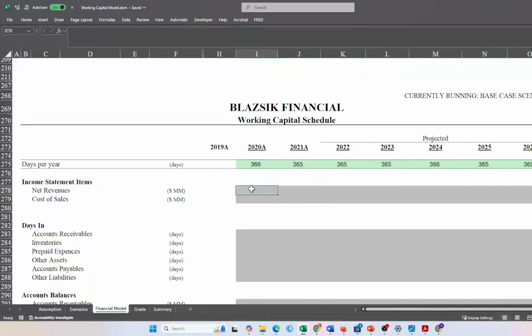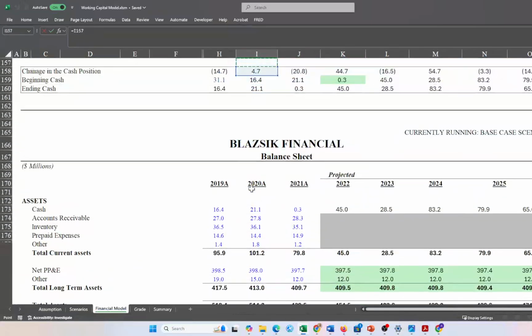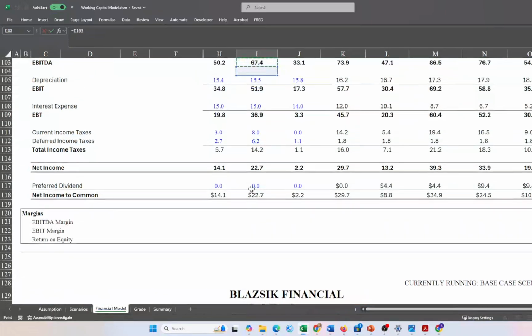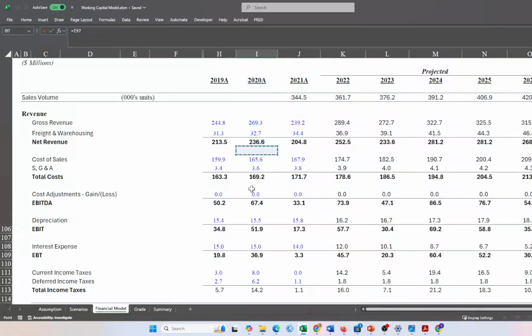Next, we're going to do the income statement. I'm going to bring down the net revenue and cost of sales. So I'm going to go all the way up to the income statement. Net revenue. And I'm going to look right below it. Cost of sales is right below, which is, I'm in cell I96.